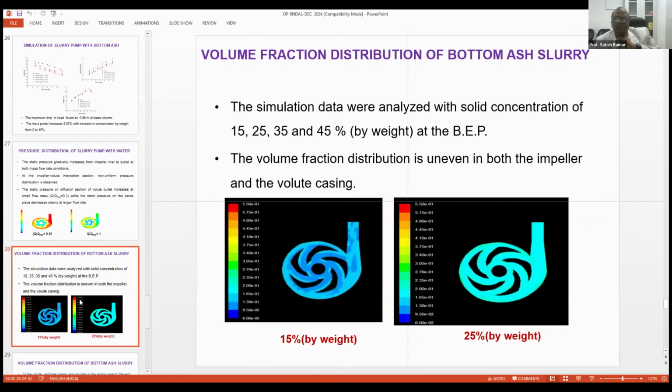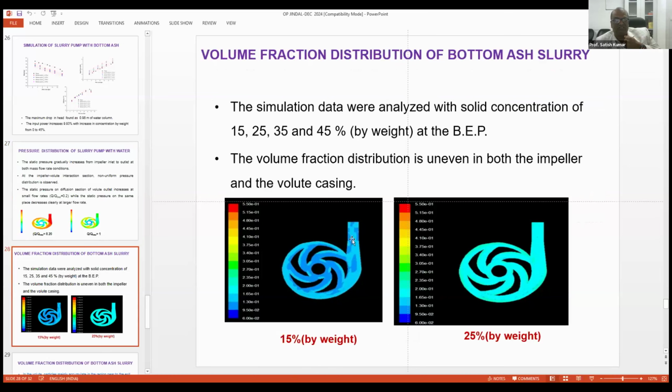Next is the volume fraction distribution of the bottom ash. This is very important. This is the distribution at all the four concentrations: 15, 25, 35, and 45. Just see at the lower concentration, which presently thermal power plants are using up to 15% concentration, the flow distribution is non-uniform.